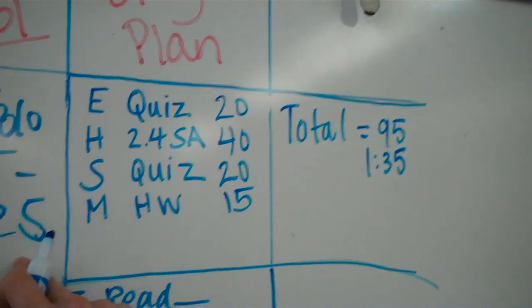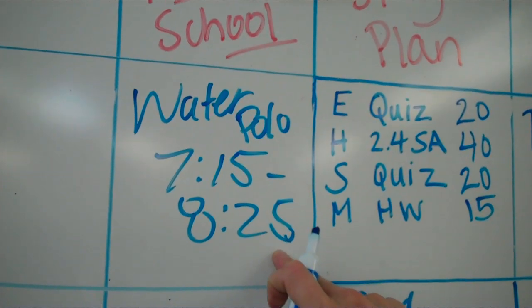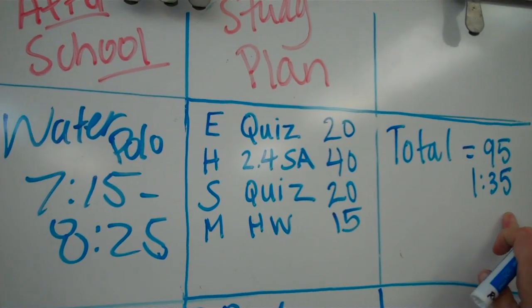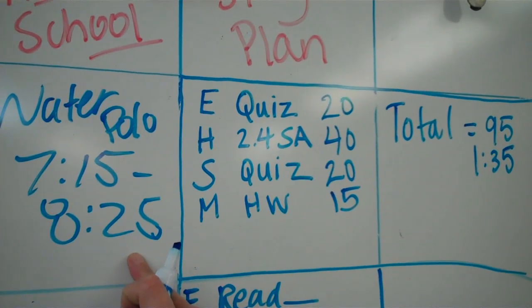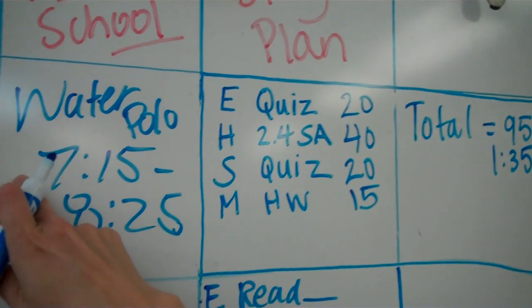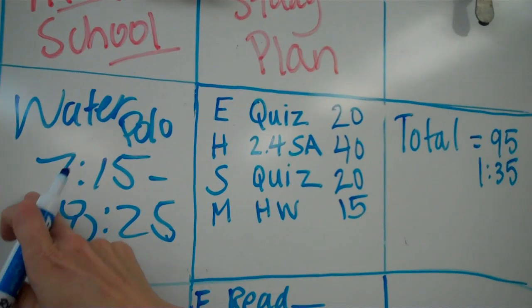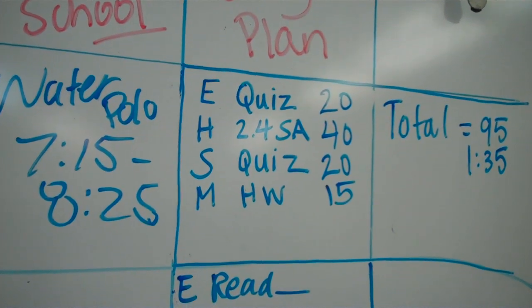And because they're writing down what their after-school activity is, they need to then make a decision about when they think they're going to do this hour and 35 minutes worth of homework. In this example, I would have water polo tonight at 7:15, so I would probably try to do all my homework before I went to water polo, but I also maybe have to have dinner as well. So if I don't get through it all, at least I know I need to start before water polo and maybe do a little at the end of the evening.